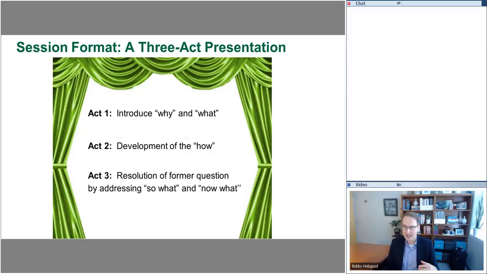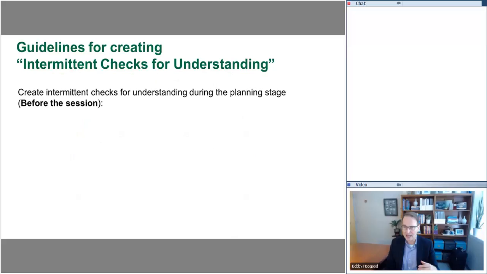Now that I've presented this challenge, this problem, and I've given you some ideas and developed the how, here's where we go from here. So in my planning stages of sessions like this, I start out with a why and a what, and then work on the development piece, and then I always like to end with a so what, where do we go from here?